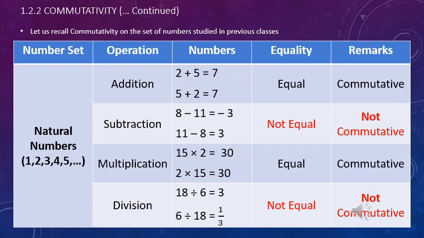So we say that natural numbers are commutative for multiplication. When we divide two numbers, we see that the answers are not coming equal if we change the order. Hence, we see that it is not commutative for division.